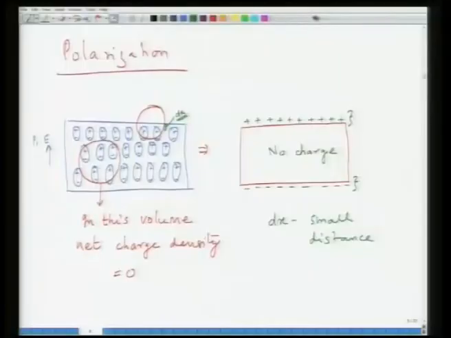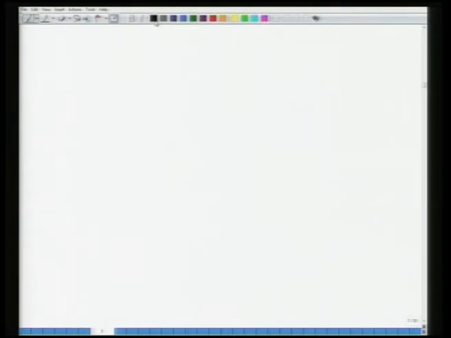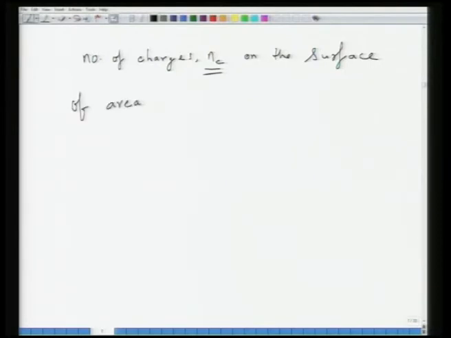Now, what we will do is calculate this polarization on the surface. The number of charges, N_C, on a surface of area A, what will it be?